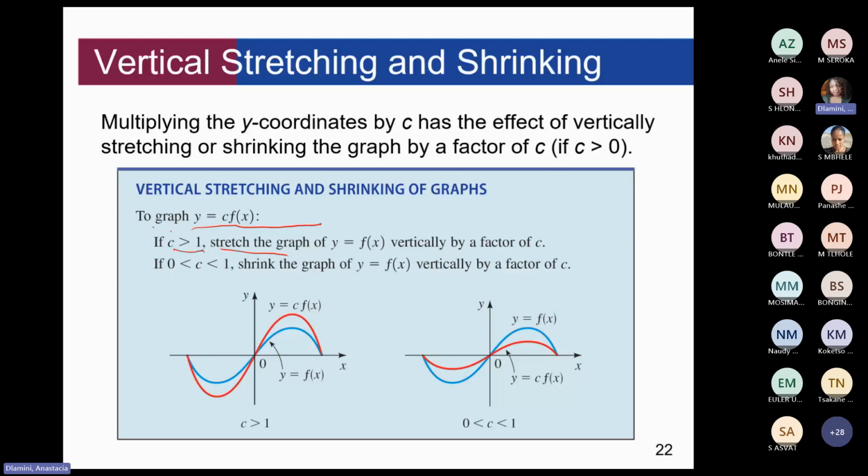So don't just say if c is greater than 1 then you shrink. Check vertically and check horizontally. Vertically, if you're multiplying f of x by c, and c is greater than 1, then you're stretching the graph vertically by a factor of c.